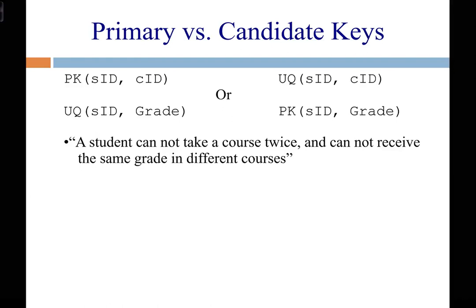So here are two options that mean the same thing: primary key of SID, CID versus unique key of SID, CID. These two are just swapped. They both define this English description of the constraint.